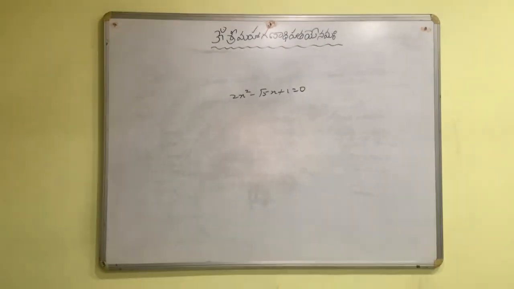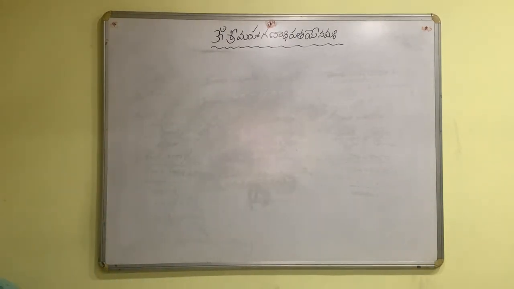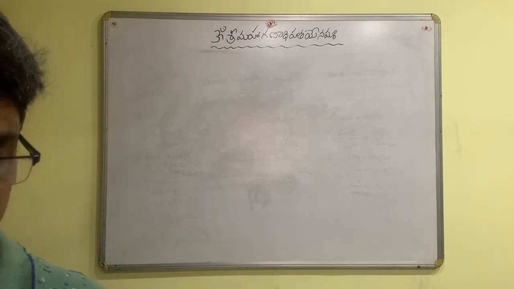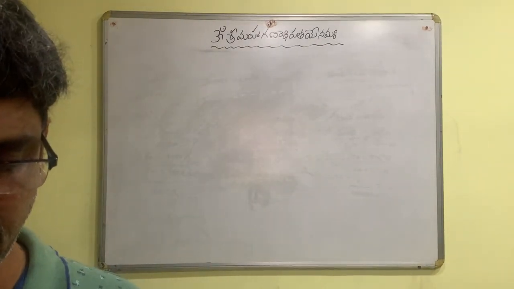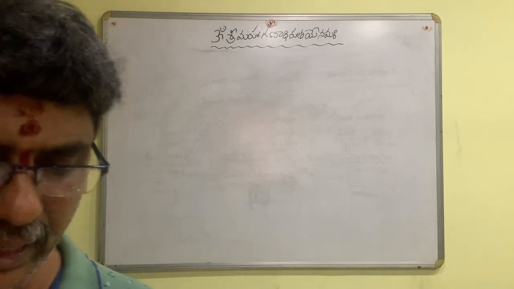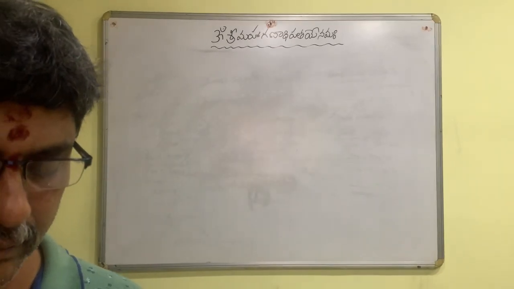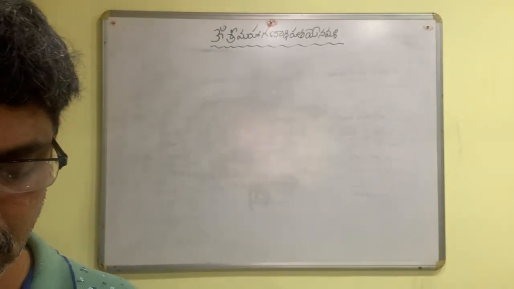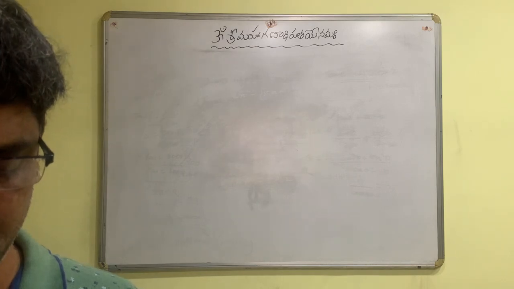Okay. Next question. Sum of the first 10 terms of the arithmetic progression negative 0.5, negative 1, negative 1.5 is 31. Sum of n terms of an AP is n by 2 into 2a plus n minus 1 into d, where a is the first term and d is the common difference.